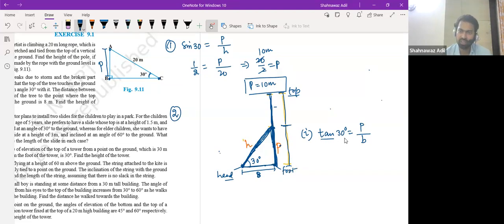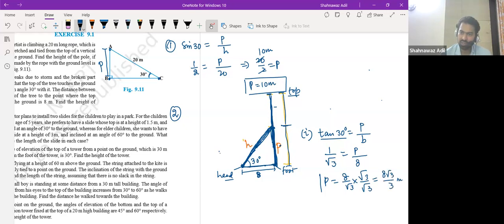So how much is tan 30, guys? 1 by root 3. So this is 1 by root 3. P we have to find out, and the base is given. So P would be 8 by root 3, and if I rationalize it, then this would be 8 root 3 by 3.